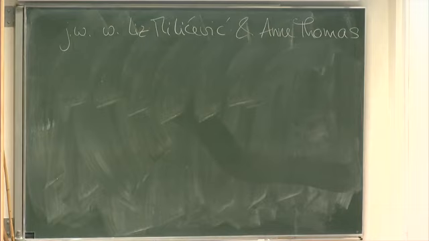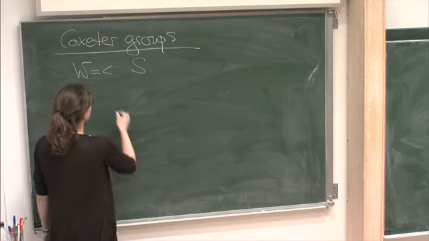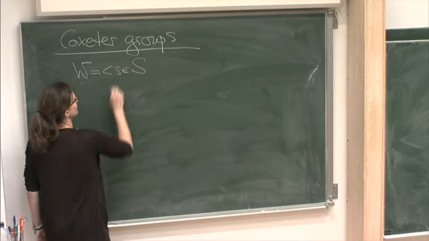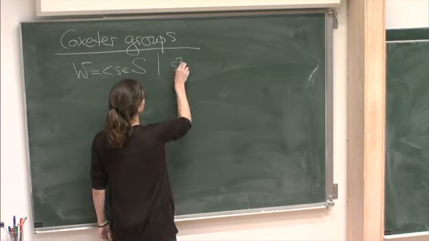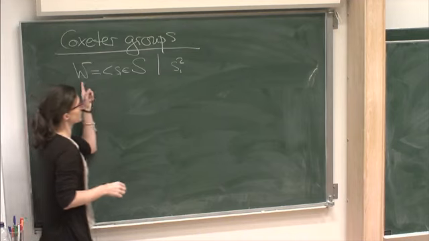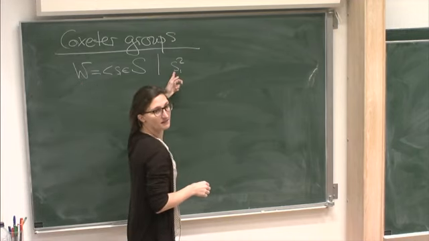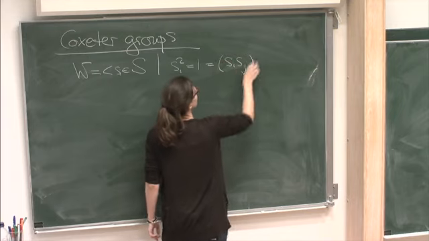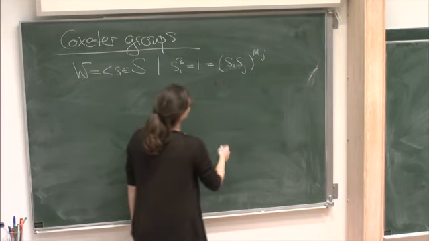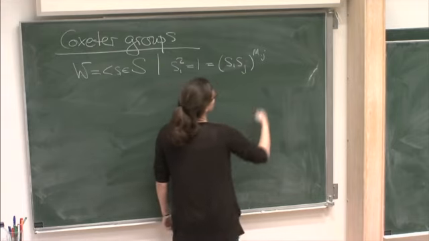So let me quickly remind you what Coxeter groups are. They're defined with the following presentation. You have a generating set S, with elements s_i in there, and then you put a bunch of relations. First of all, these are abstract reflection groups, so each of the generators should square to the identity. And then if you multiply two of them, you have an integer m_ij that tells you what order the product has.